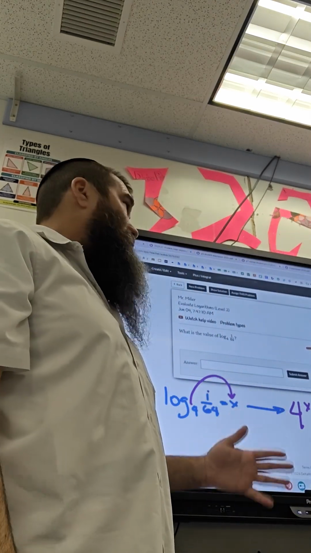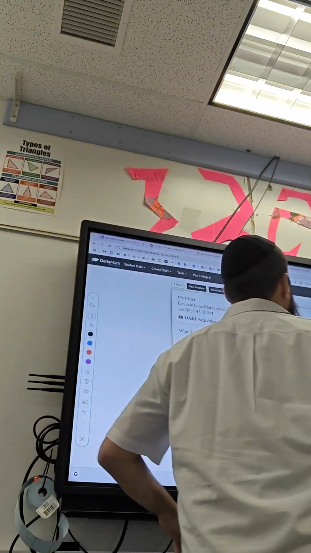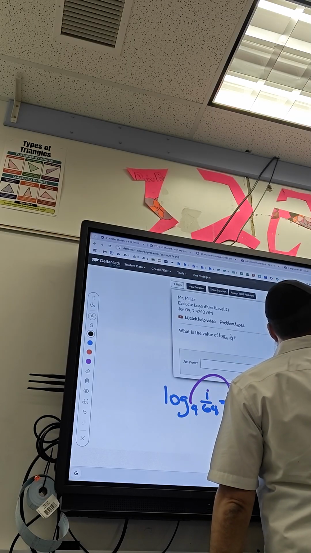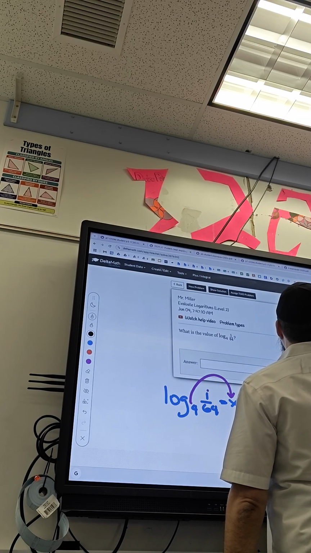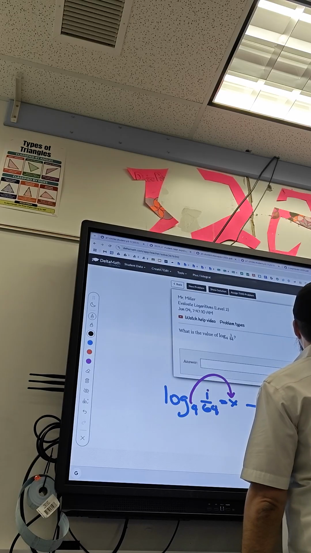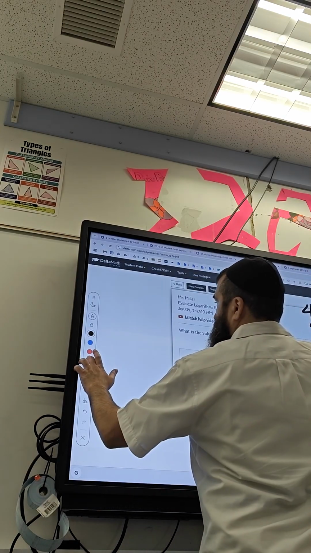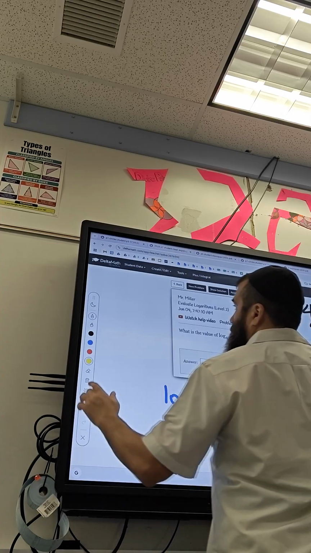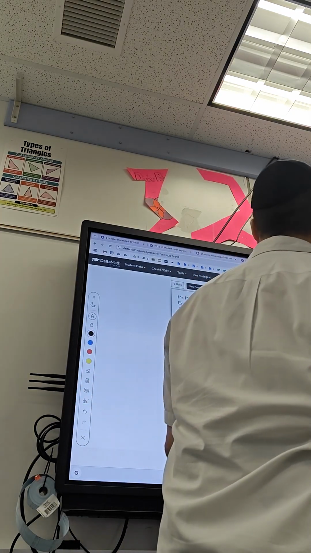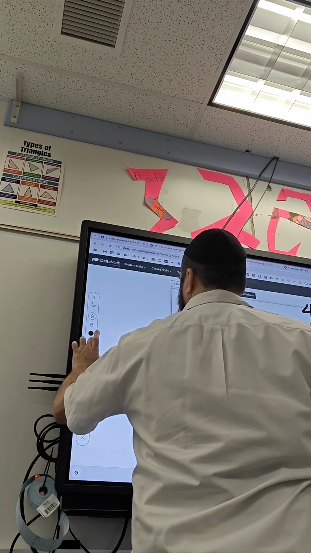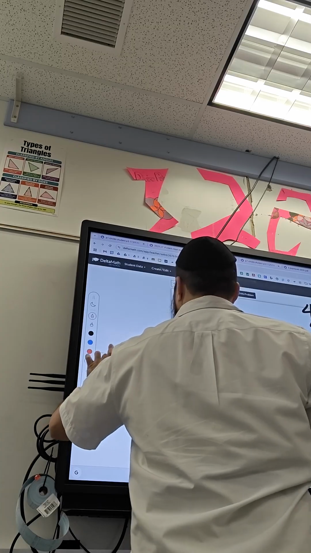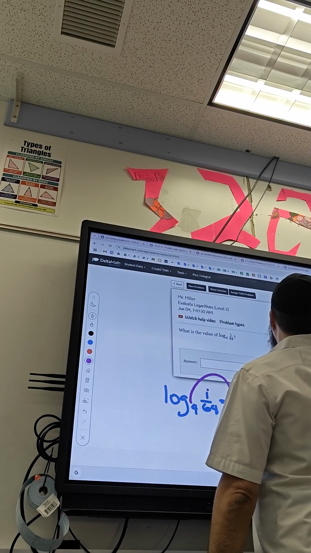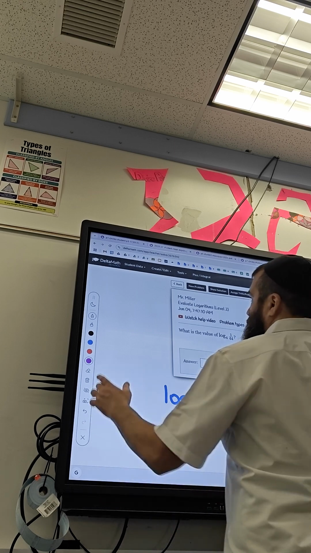So I'm really close now. Then if I just make this exponent negative, that flips it to the top. So this becomes 4 to the negative 3rd. So then if we bring it back, we have 4 to the x equals 4 to the negative 3rd.